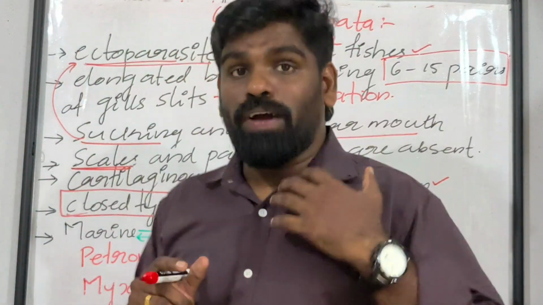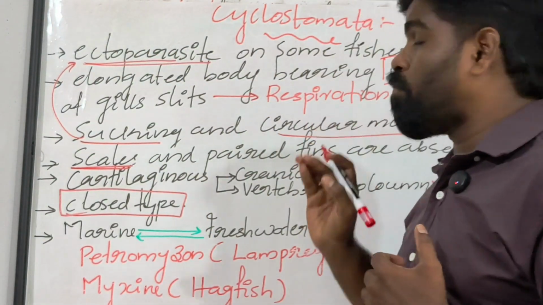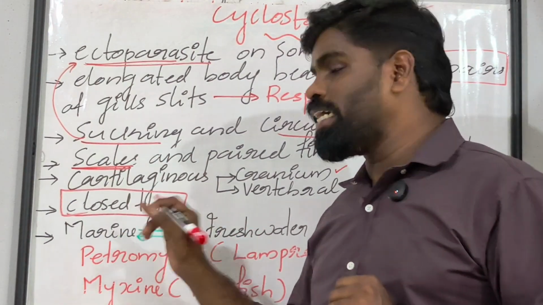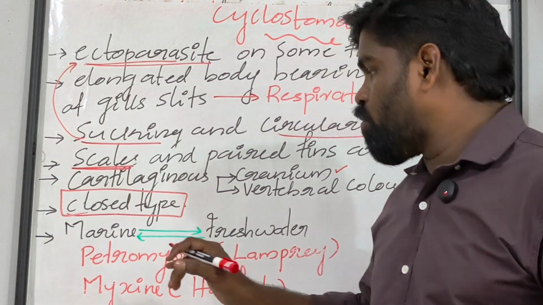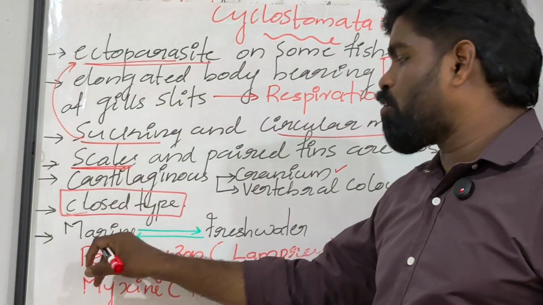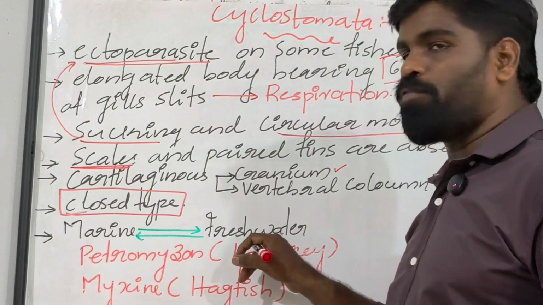Now, another very important point of Cyclostomata is that, as I have already told you, they are generally marine. For spawning, the adult Cyclostomata migrate into fresh waters.